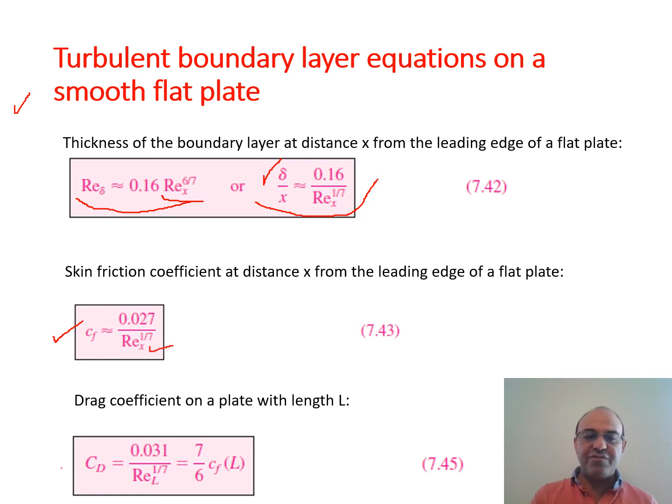And similarly for CD, the drag coefficient is 0.031 Reynolds to the power of 1/7. This is 7/6 times the CF. For laminar flow, if I remember correctly, CD was like twice CF. Here it is 7/6.